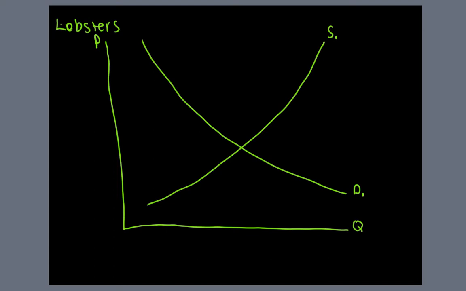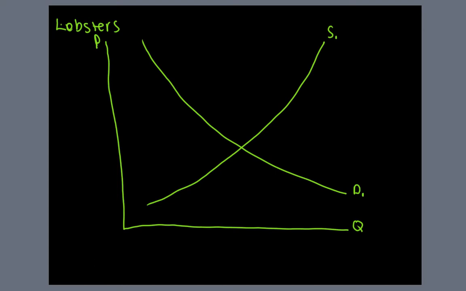So this problem is asking us to explain the fact, and before we even think of our supply model, let's think about the intuition. It's saying that during the summer peak lobster harvest season, at a time when lobster catchers are going to catch a lot of lobsters, people are also wanting to eat a lot of lobsters.